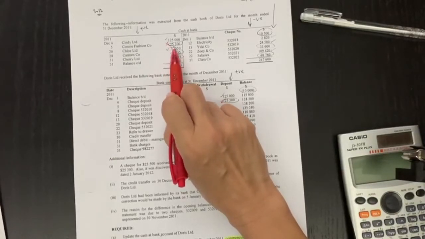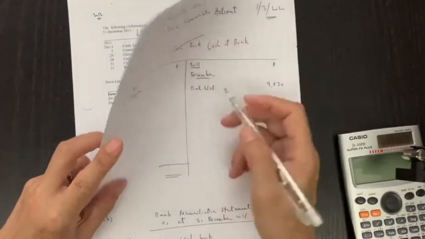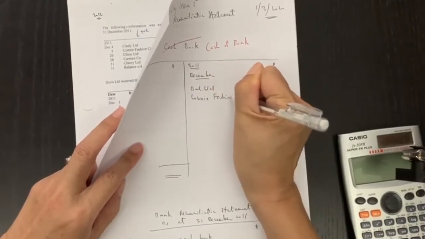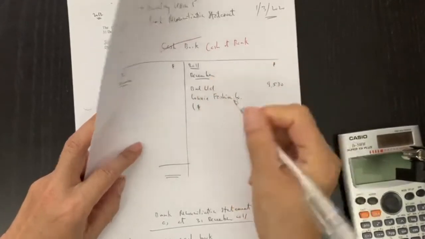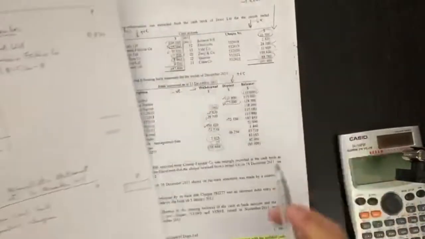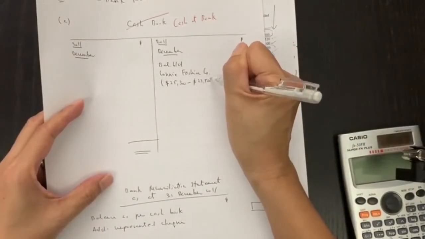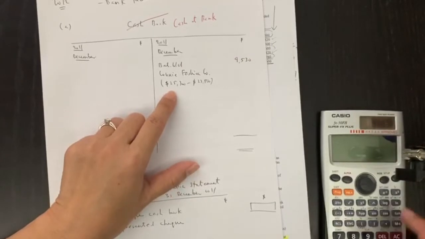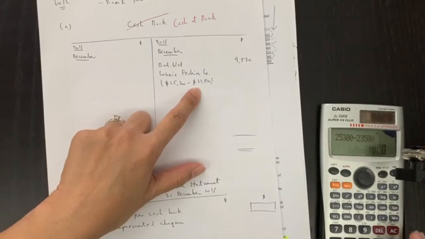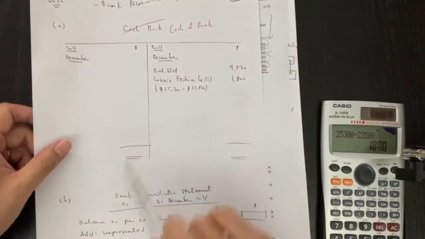I have to credit cash book here, because of Connie Faction Company, being the debit side is overstated by 25,300 minus what should be the correct figure, 23,500. So my calculator, 25,300 minus 23,500. Okay, so here 1,800. So this is because of point number 1.